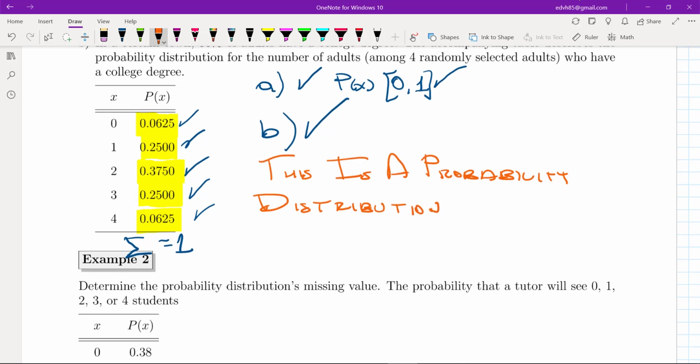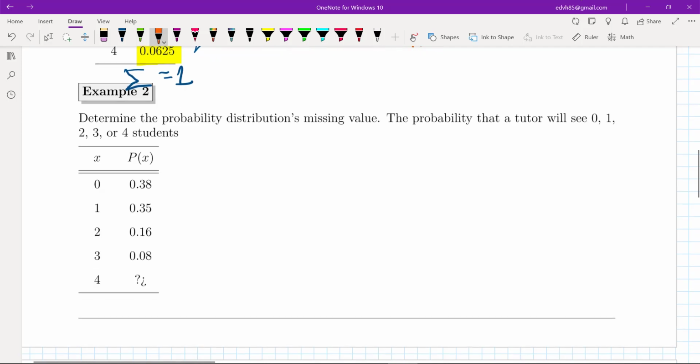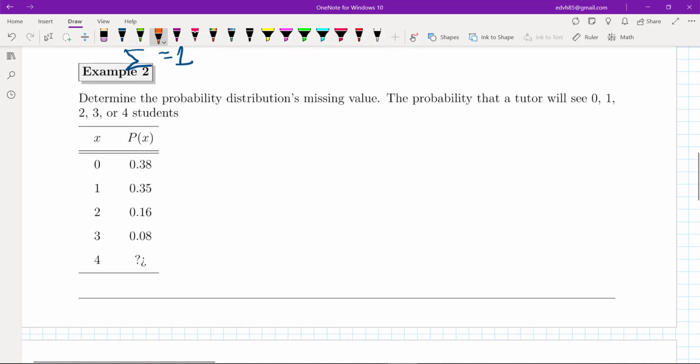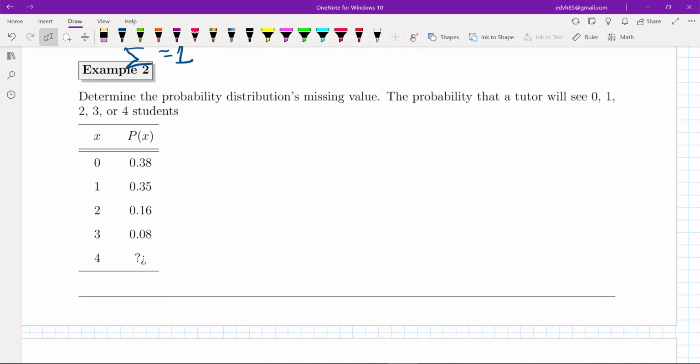Okay, let's look at another example. Determine the probability distribution's missing value. So this is a very classical problem. We have a table that describes the probability that a tutor will see either 0 students, 1 student, 2, 3, or 4 students on a typical work day.